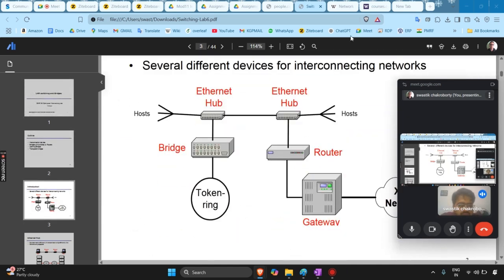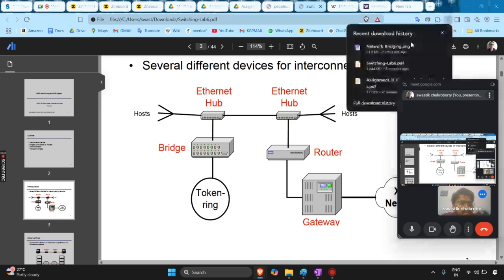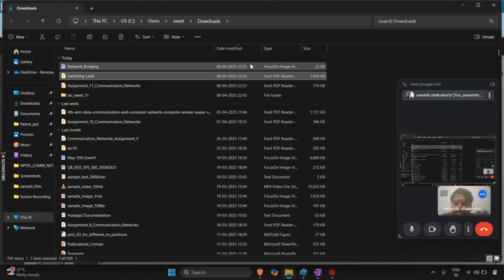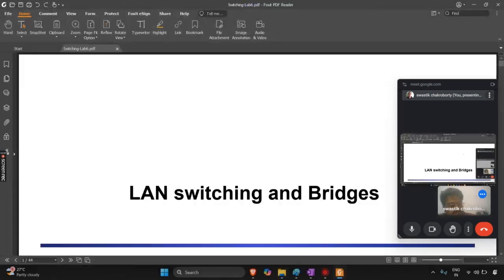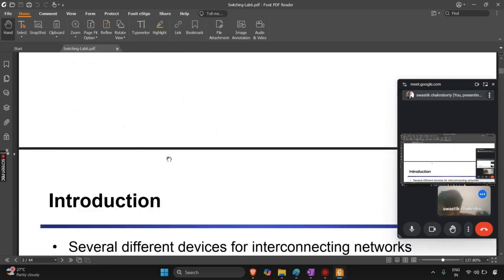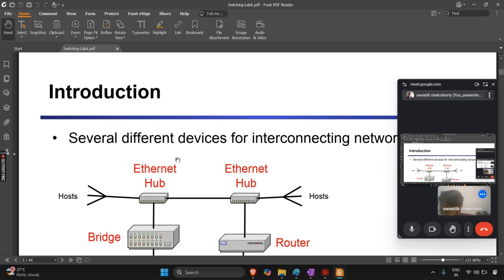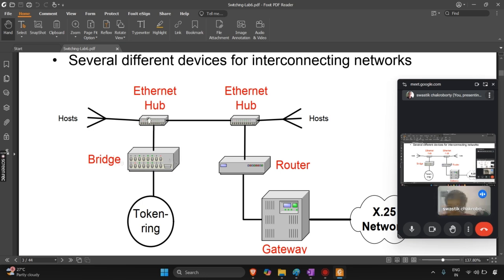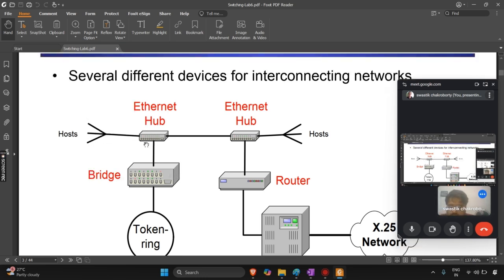There are multiple ways of connecting hosts to a hub, or you can connect through a bridge or router.